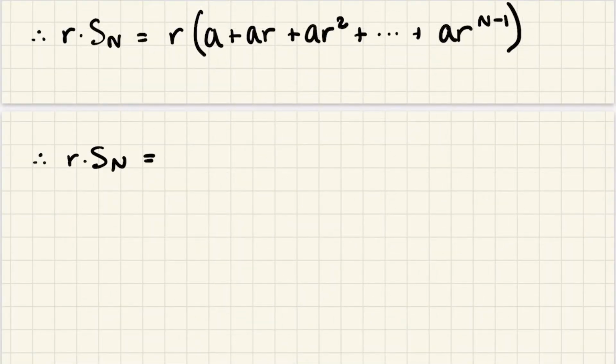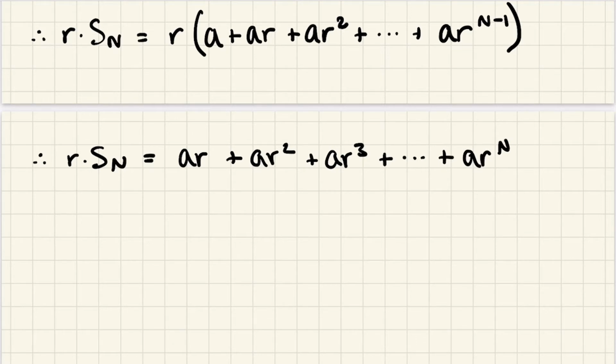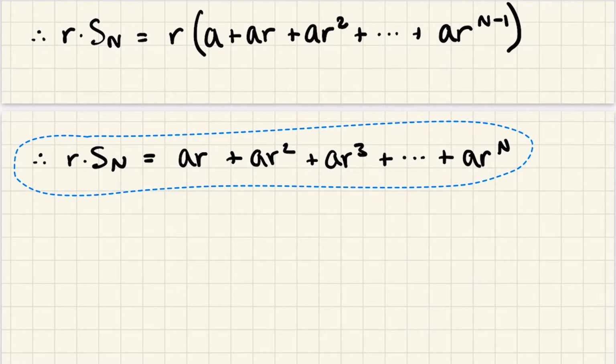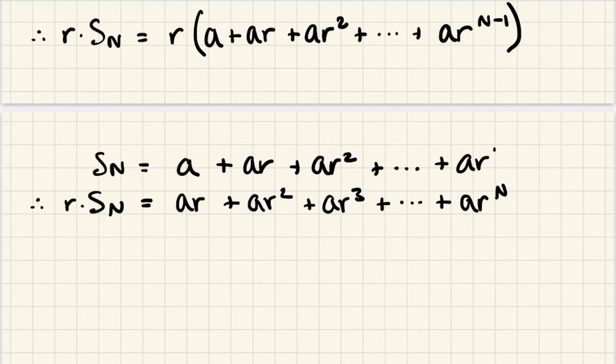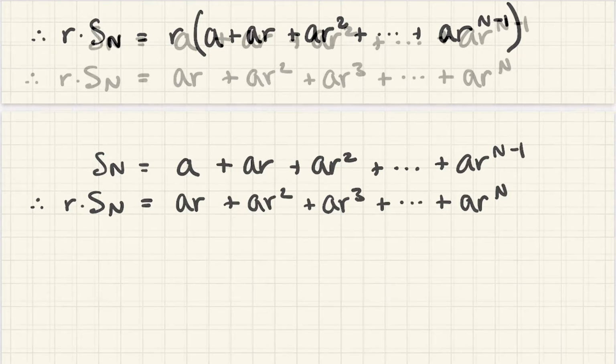Distributing the r on the right, we get ar plus ar squared plus ar cubed plus ... plus ar to the capital N. Let's move this down a little bit because I want to put right above it a reminder of what S_N is. S_N is a plus ar plus ar squared plus ... plus ar to the N minus 1.